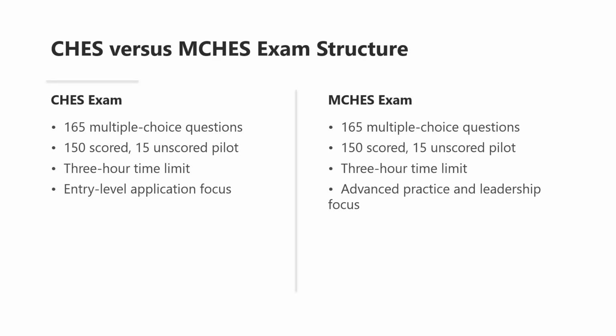And here is the key thing. You will not be able to tell which questions are scored and which are pilot items. They are mixed in throughout the exam with no markings or indication whatsoever. So your best strategy is simple. Treat every single question as if it counts, because you truly cannot tell the difference.